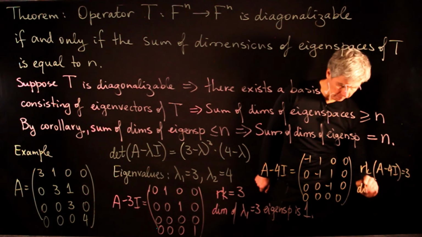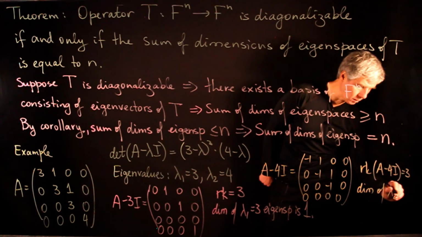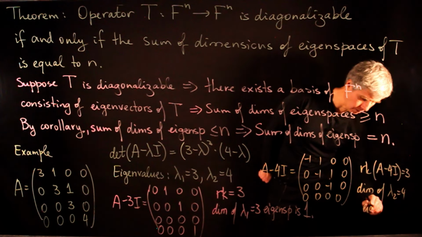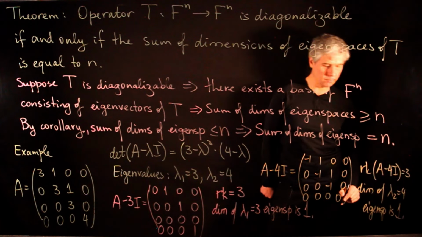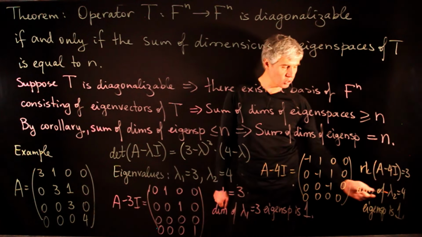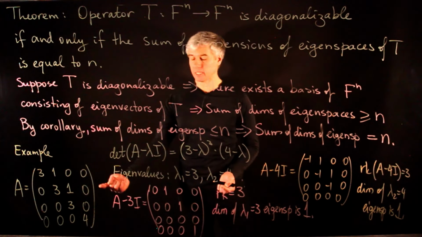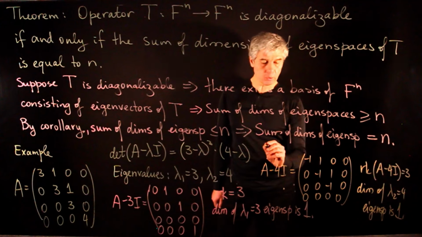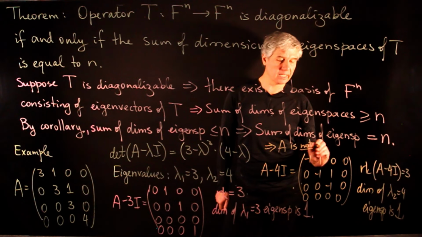And by rank nullity formula, the dimension of the lambda 2 equals 4 eigenspace is also equal to 1. So the sum of dimensions of these eigenspaces is equal to 2, and the matrix has size 4. So our conclusion is that this matrix A is not diagonalizable.